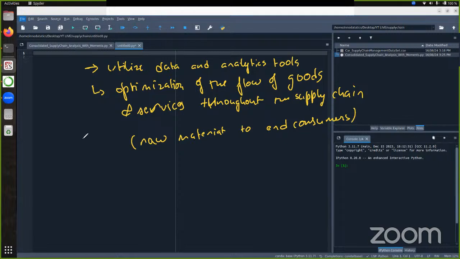Now let's take a very simple example here. You have a query. That query is actually a copper mine. Now, what does the copper mine do? It will extract the copper mineral from the earth. Copper is used heavily in wires.